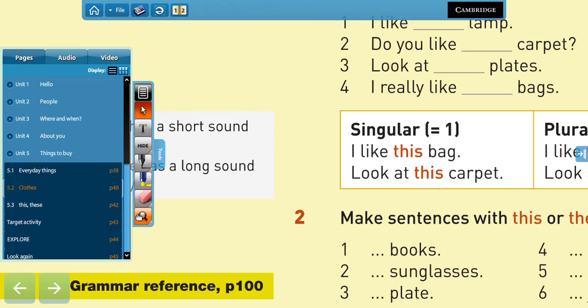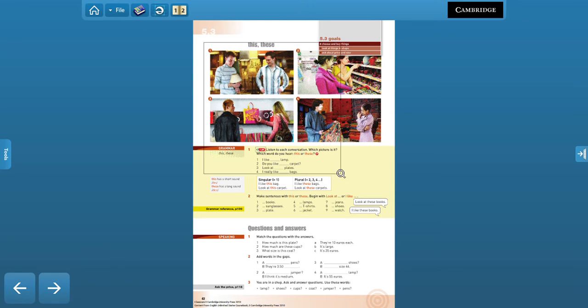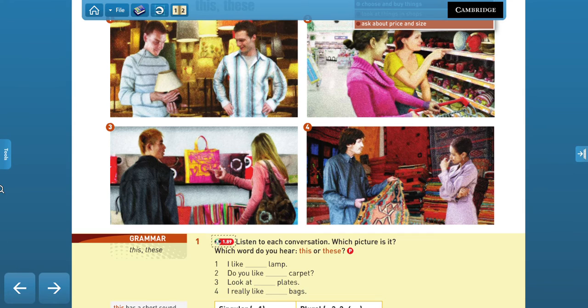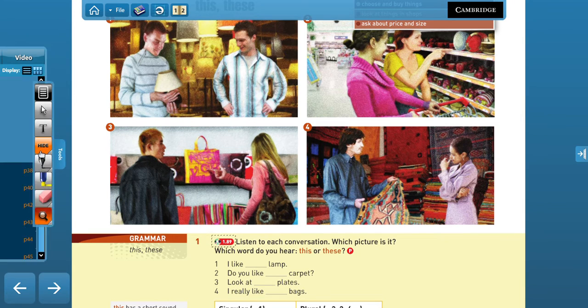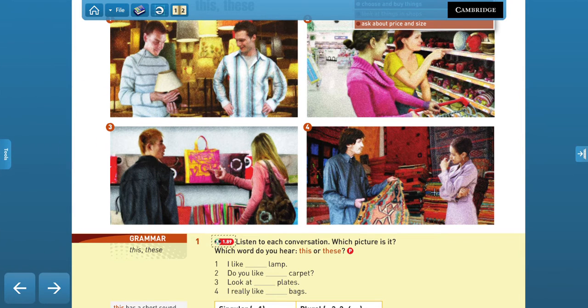But now, maybe you're asking, what is the difference between this and these, right? That may sound very similar. So the difference is that one is used in singular, for singular objects, and the other one is used in plural. So these words are called demonstrative adjectives.